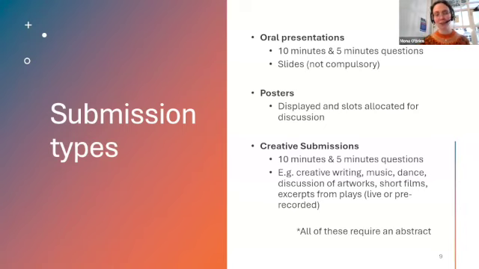Examples of creative submissions would be if you wanted to present your creative writing, if you've created a piece of music or dance, if you have an artwork that you've created that you want to discuss. It might be a short film that you've made in your program of studies. It might be an excerpt from a play that you've written as part of your studies.